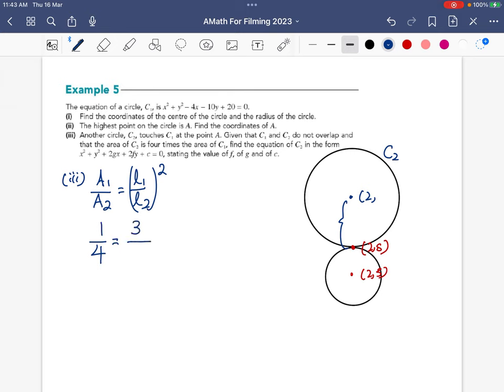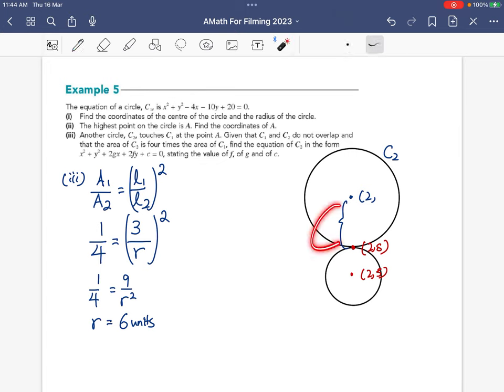The radius of the larger circle, I will call it R, then I square the whole thing. Let me solve this: 1 over 4 is equal to 9 over R squared.